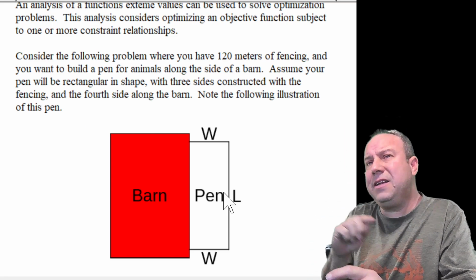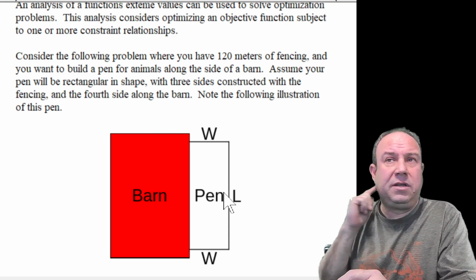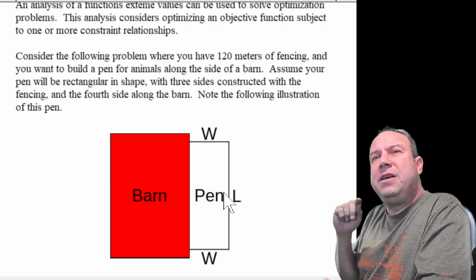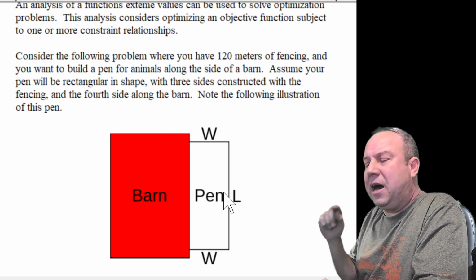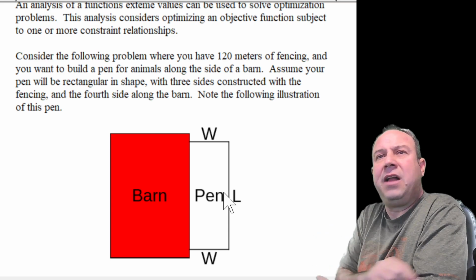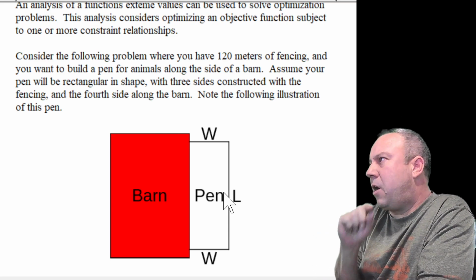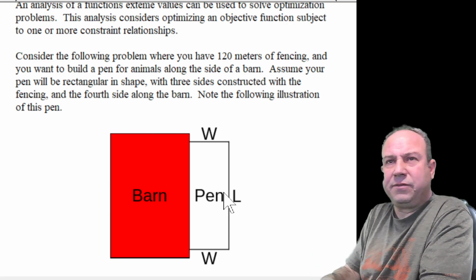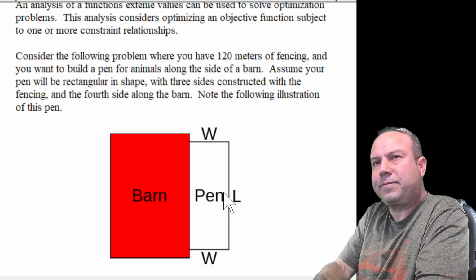It's not until we introduce that we're limited in the amount of fencing that we have, 120 meters, that we have the situation for an optimization problem to develop. So the constraints are part of the problem, right? They introduce themselves as part of the problem.